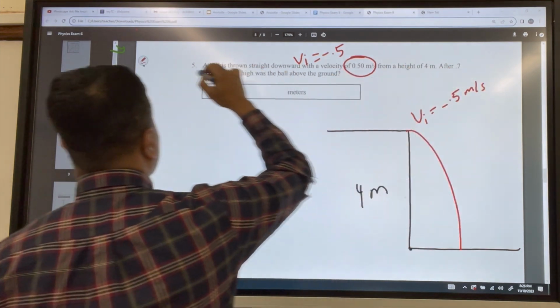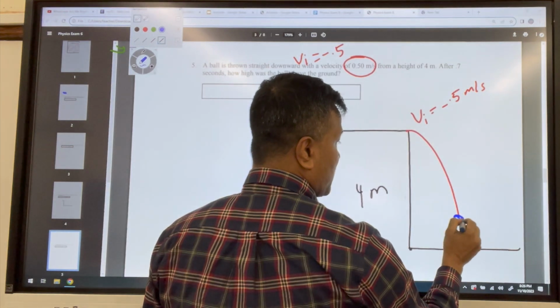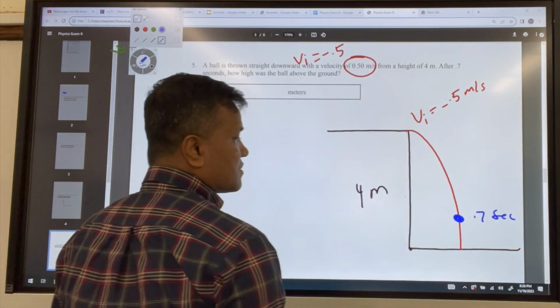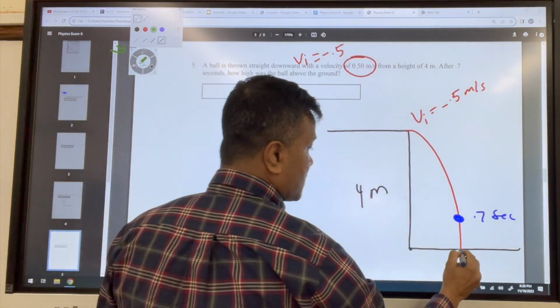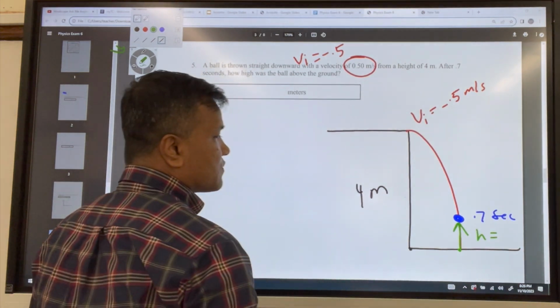The ball is now right here, 0.7 seconds later. How far above the ground is the ball? That's all I need to find.